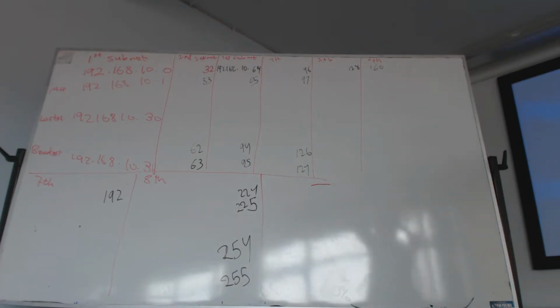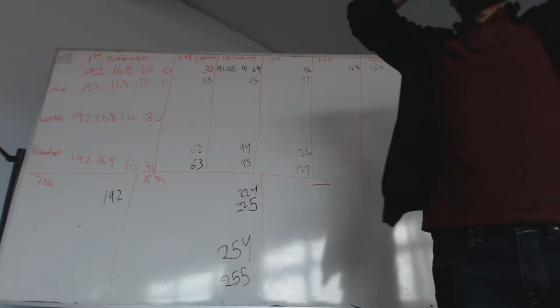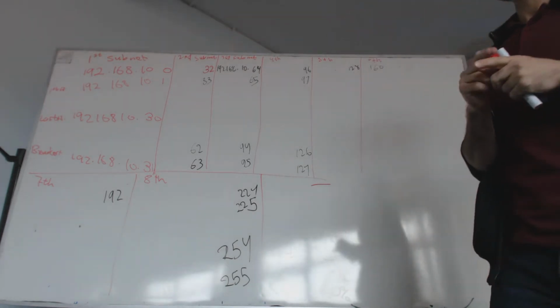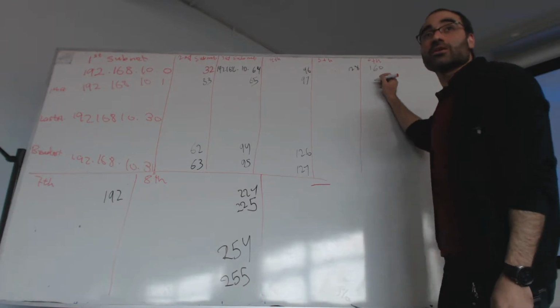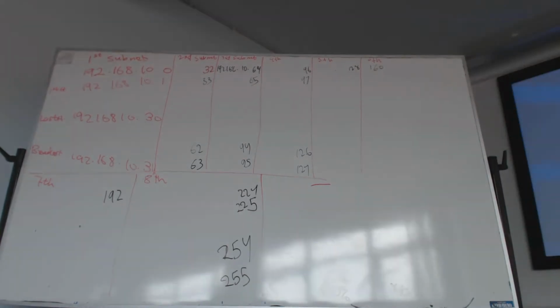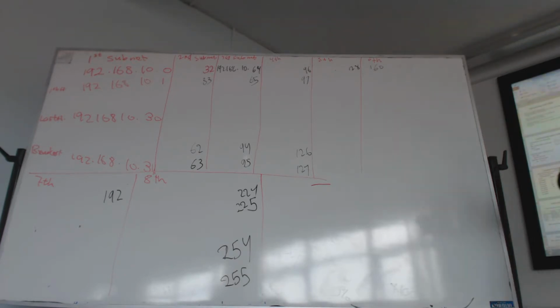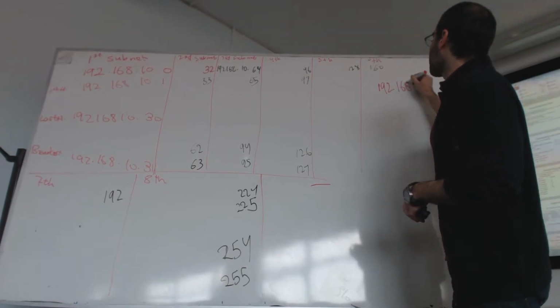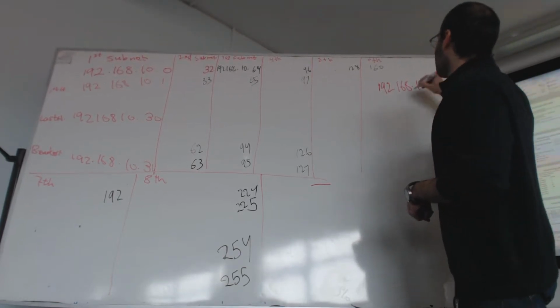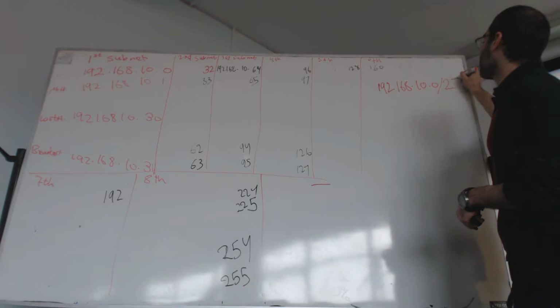Do you work out the increment by 2 because the second subnet is 8? No, you work out the increment from the actual mask. So remember the question: 192.168.10.0, but I've masked it to 27.